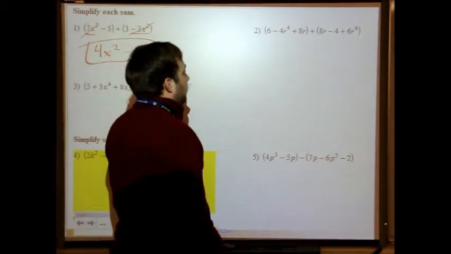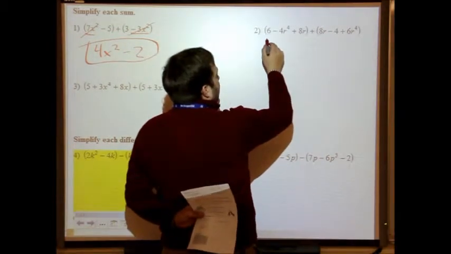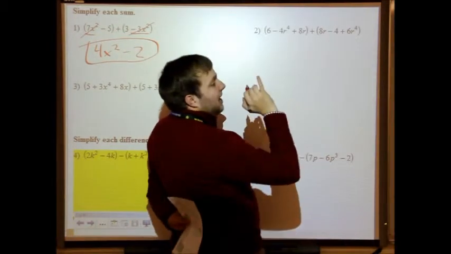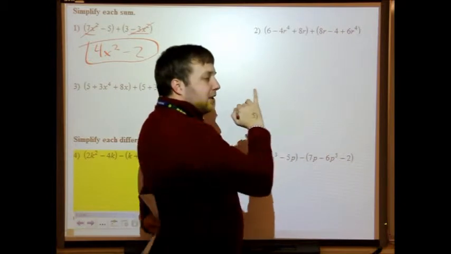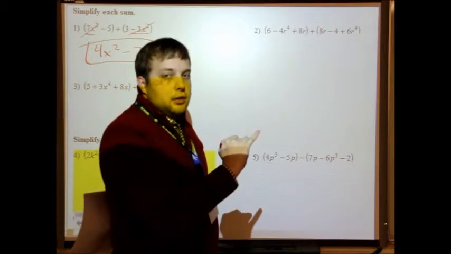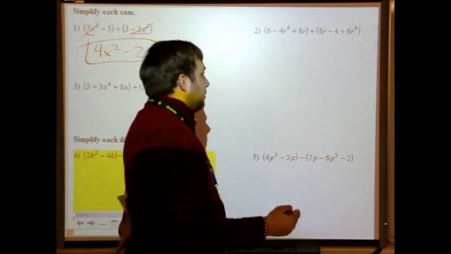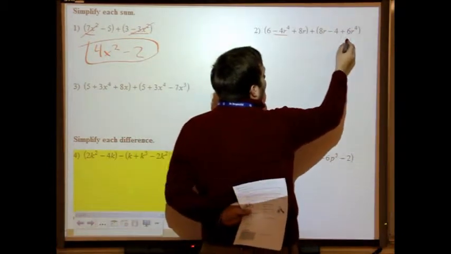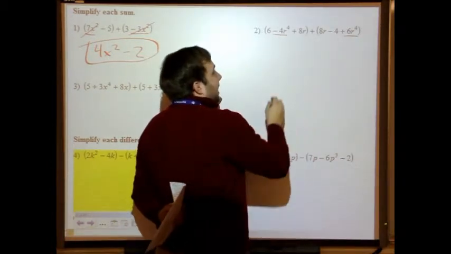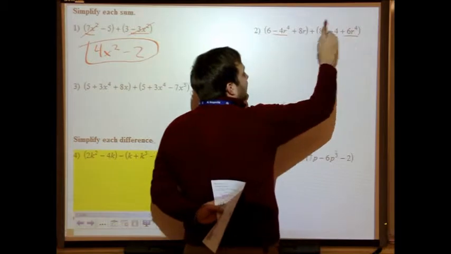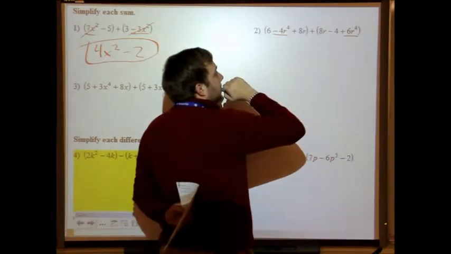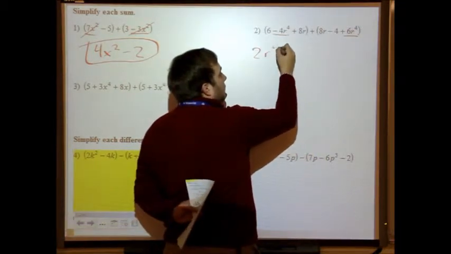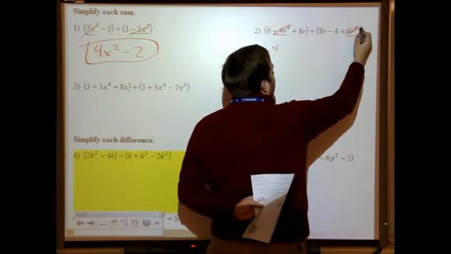Okay, let's do one more over here. I'm going to always select the highest degree first, because remember, I want that one to be the one leading. It's got to be in front. So I'm going to take the one with the highest term, and I say -4 plus 6r to the fourth. I believe that's 2r to the fourth, if I'm not mistaken.